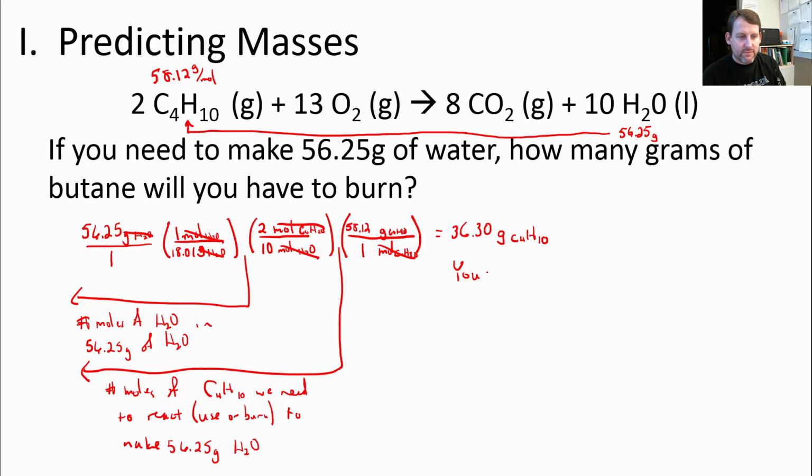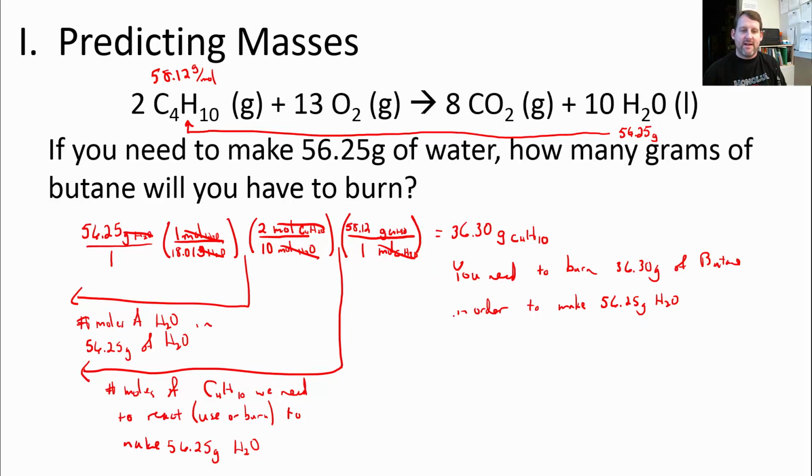So you need to burn, and here the words react or use would work as well, 36.30 grams of butane in order to make 56.25 grams of water.